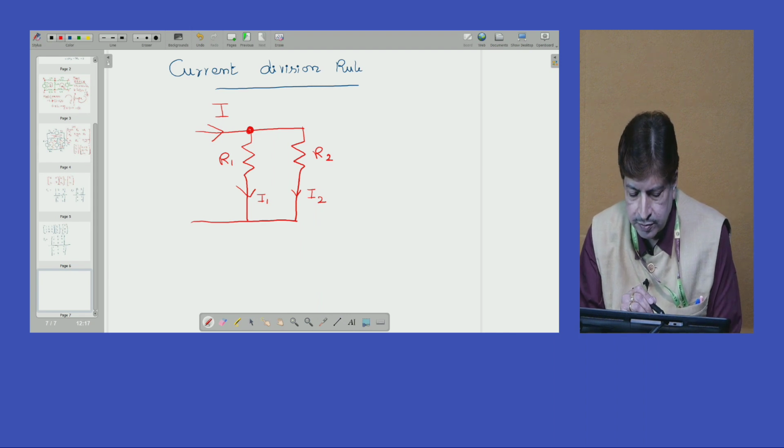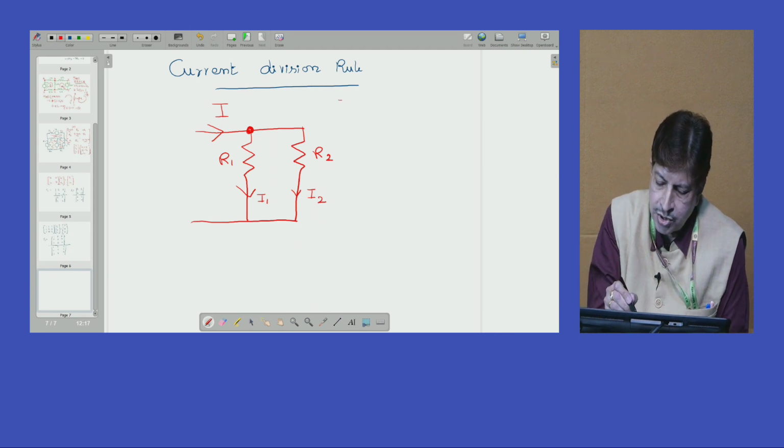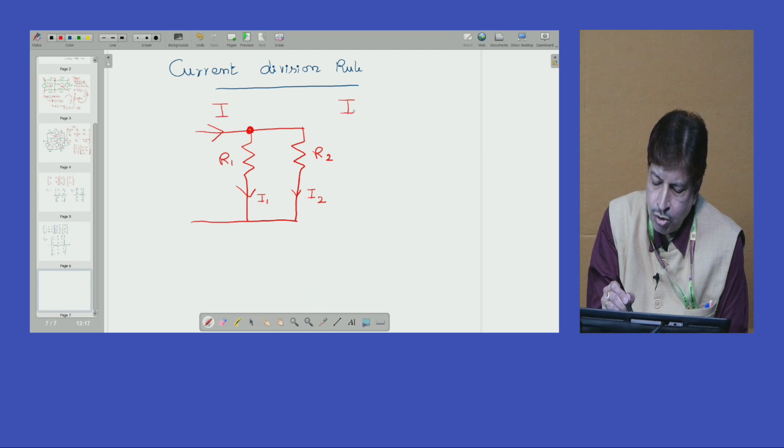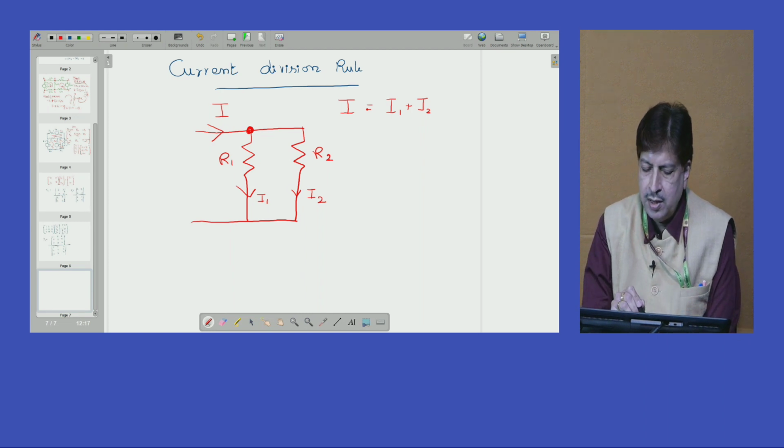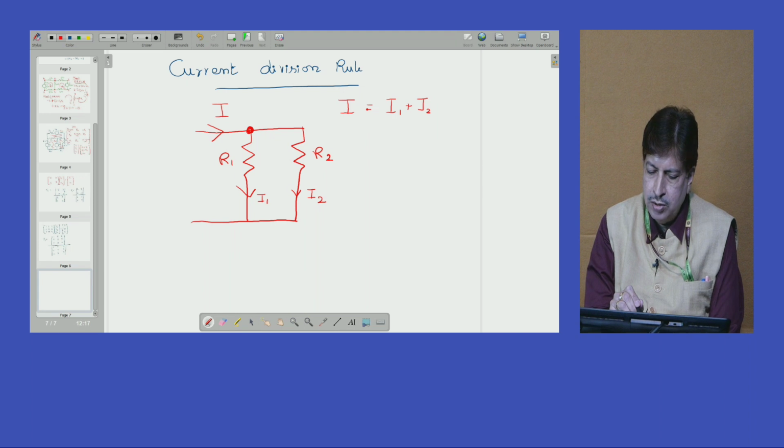At a junction, total current entering the junction is equal to total current leaving the junction. As per the directions I showed, I1 and I2 are going away from the junction and I is entering, so as per KCL, I is equal to I1 plus I2.